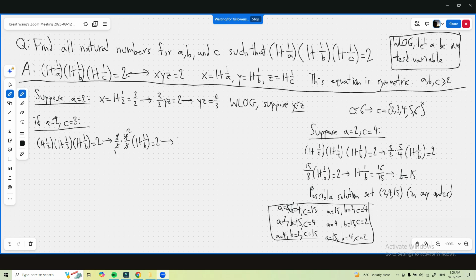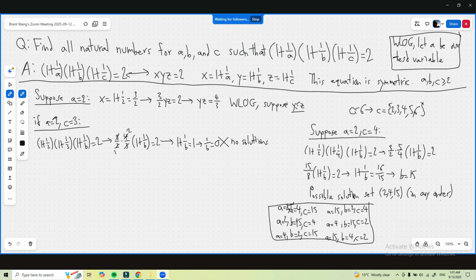So 1 plus 1 over B would equal 1, and 1 over B would be 0, but this doesn't work because then B would be infinity. So if A was 2 and C is 3, there are no viable solutions.